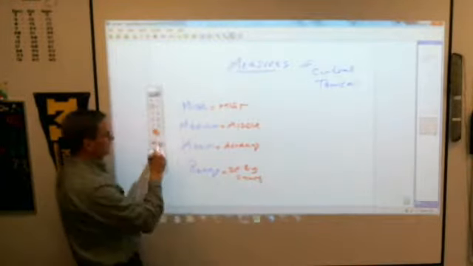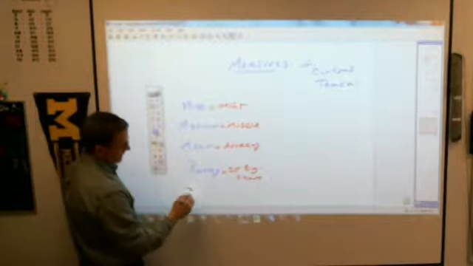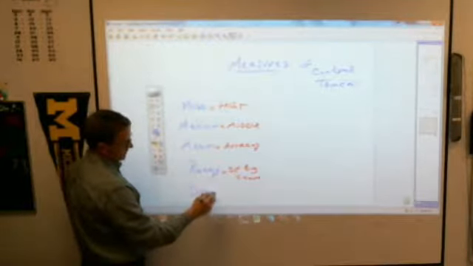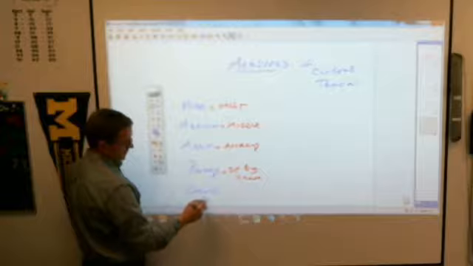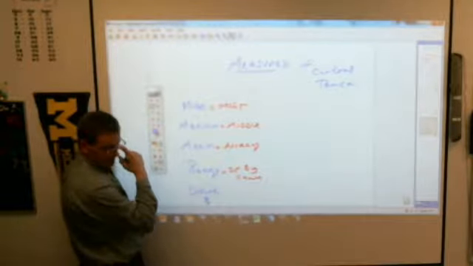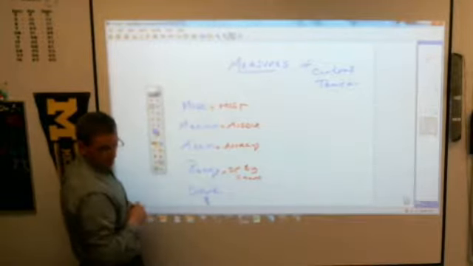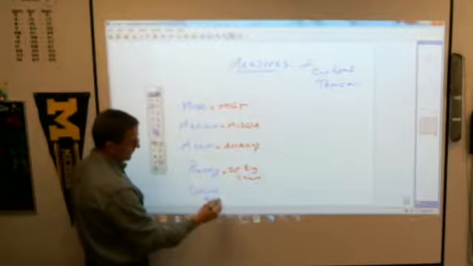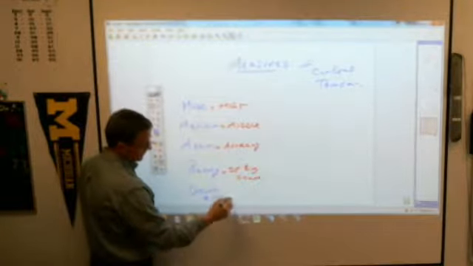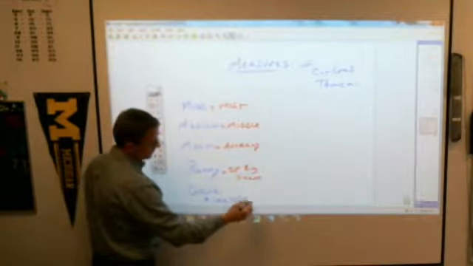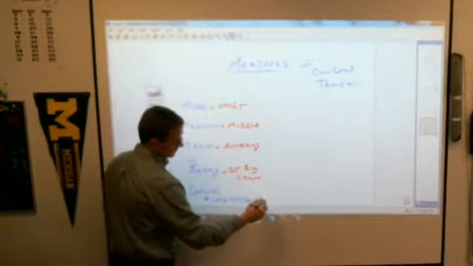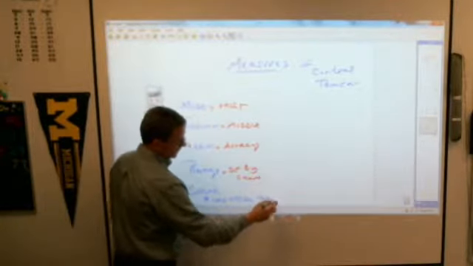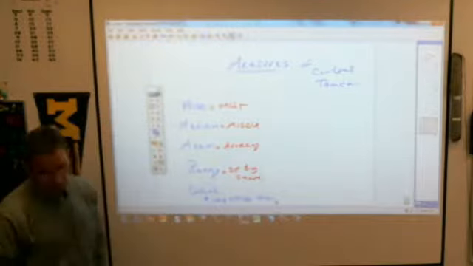The other word that comes up in this is the word outlier. An outlier is simply what? Anybody? Something that's way outside compared to everyone else. It's way outside the norm. Usually, when you look at data, you don't include the outliers.